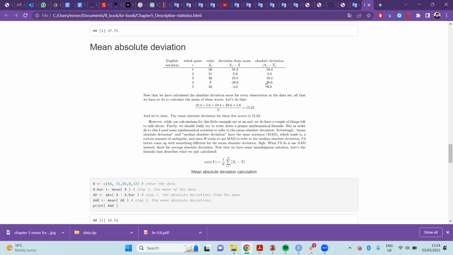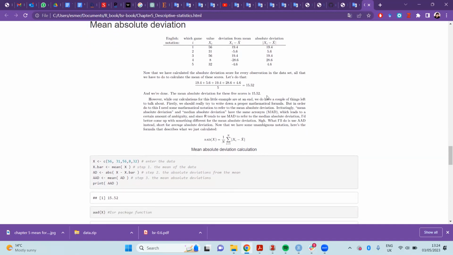The negative values become positives, because it's just how far we are from the center.